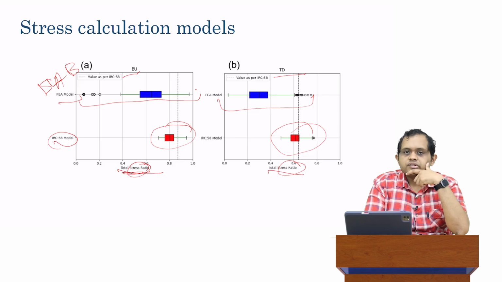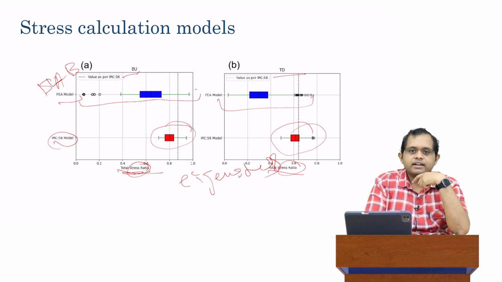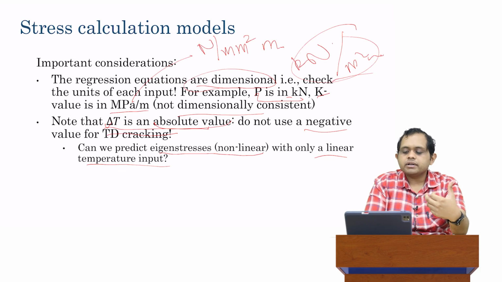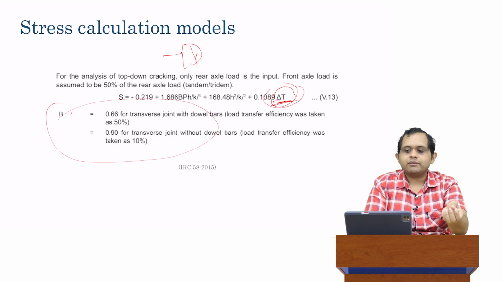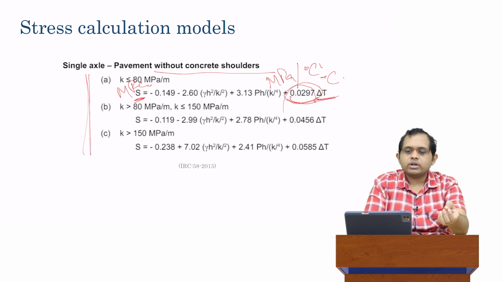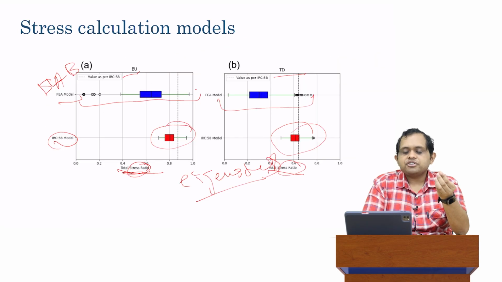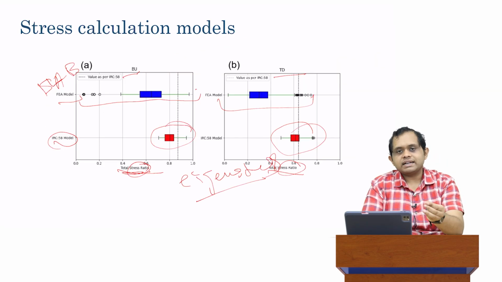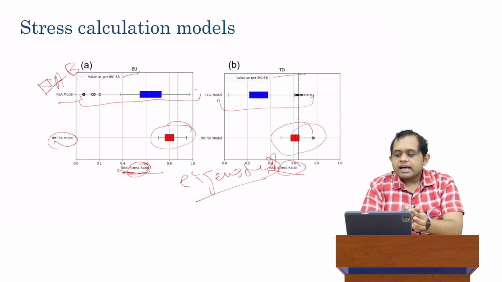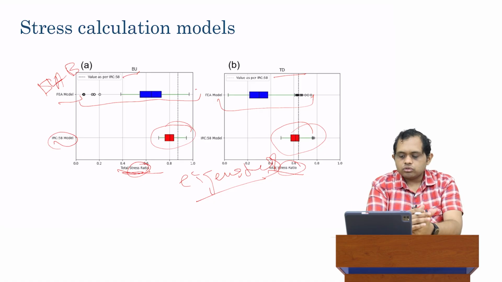What we conclude from this is the IRC equations are considering eigenstresses indirectly. It's actually built in, because delta T cannot tell you anything about the eigenstress. That means this 0.1089 or the 0.0297, somehow the eigenstress information is encoded empirically into these empirical coefficients. I don't think that's a good way to do it. It would be better if a proper decomposition was done.